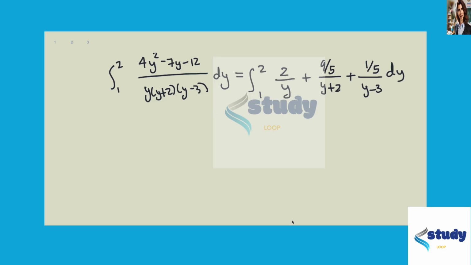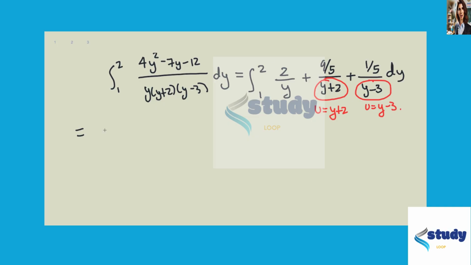And this is a much easier integral for us. If this plus 2 and minus 3 are throwing you off, you can do a u substitution here: u equals y plus 2, or for the second one, u equals y minus 3. Let's evaluate those integrals.